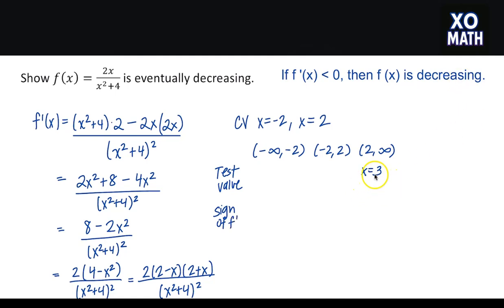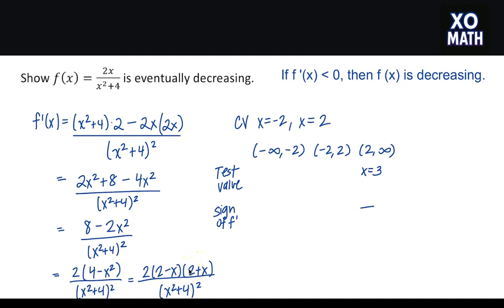So we can substitute 3 into any version of the derivative. I'm going to pick the most simplified version down here. As I said, the denominator is always positive. The numerator, this first factor, 2 minus x, if I plug in 3, 2 minus 3, that's negative, and 2 plus 3 is positive. So a negative times a positive is a negative.